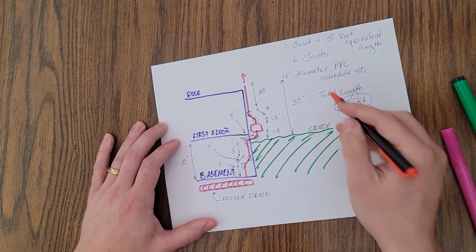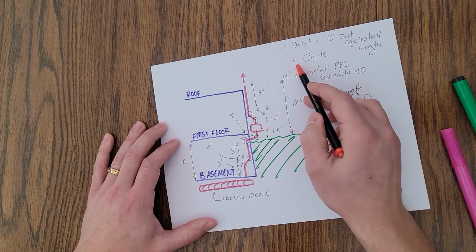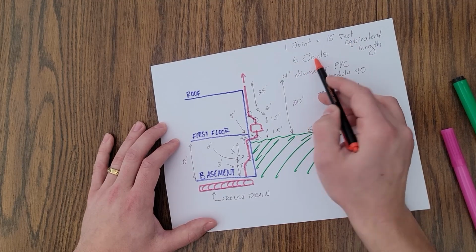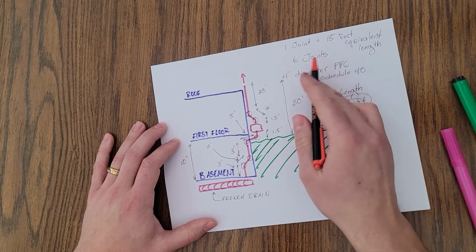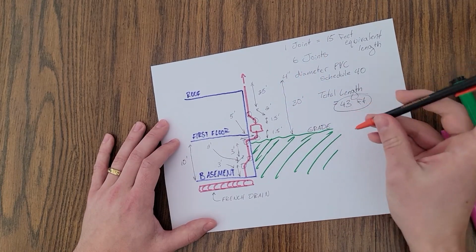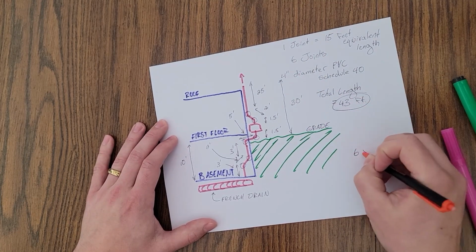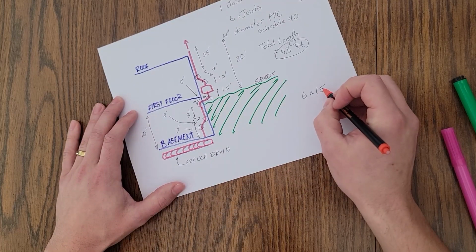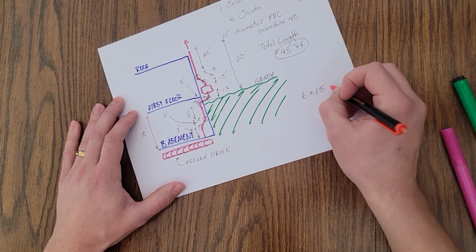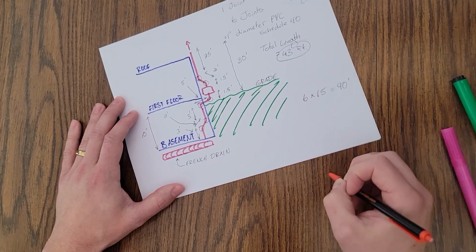So now we need to know how much additional feet does each joint put on the system. And then that equals 6 times 15. So now we do 6 times 15, which is 90 feet.